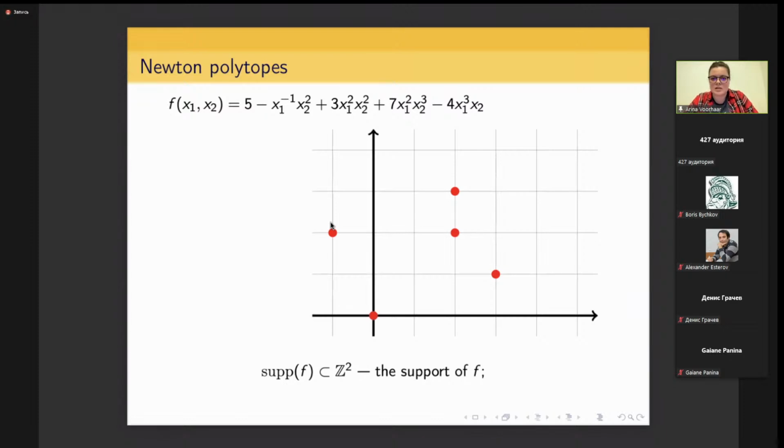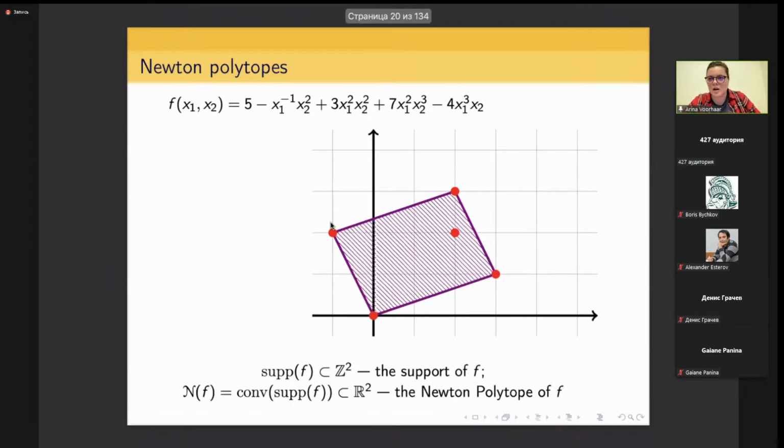Then if we take the convex hull of the support, we get what we call the Newton polytope of our polynomial, or in this case the Newton polygon, since it's the case of dimension 2.